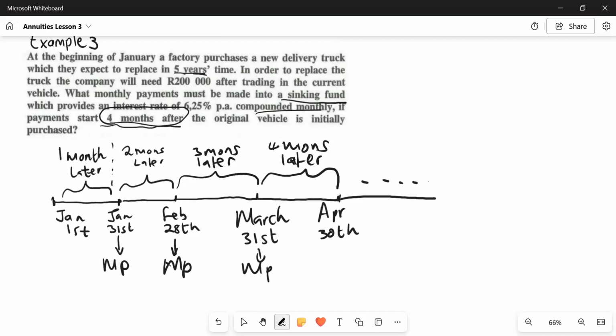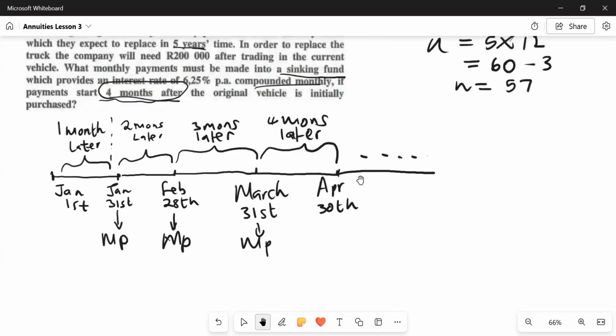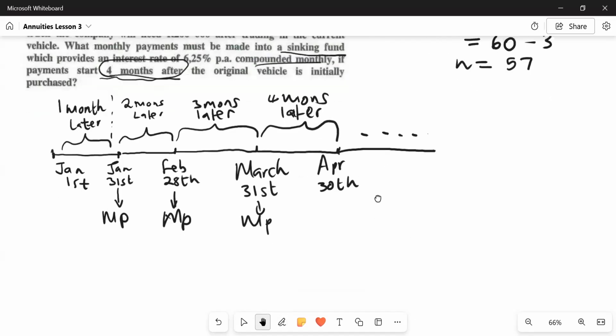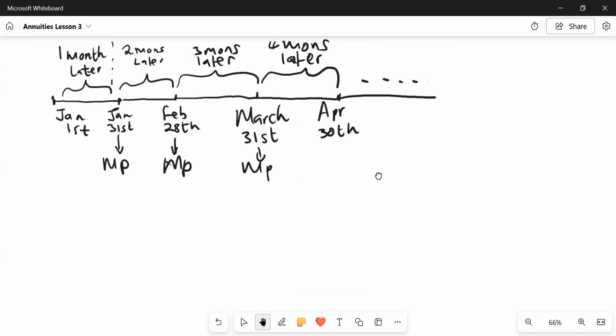So your n would be 5 times 12. That's just 60, right? But now this person missed 3 payments. So this is just 57, your n. So our n for a sinking fund would be 57, 100%.